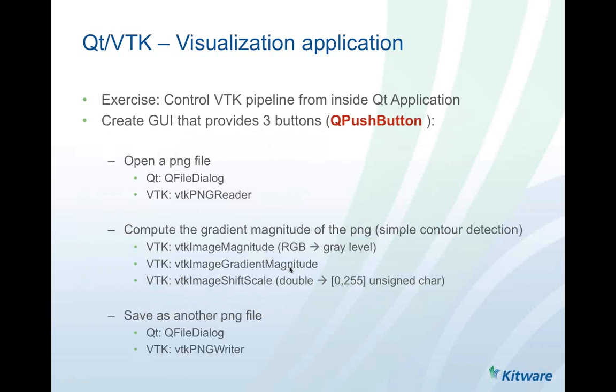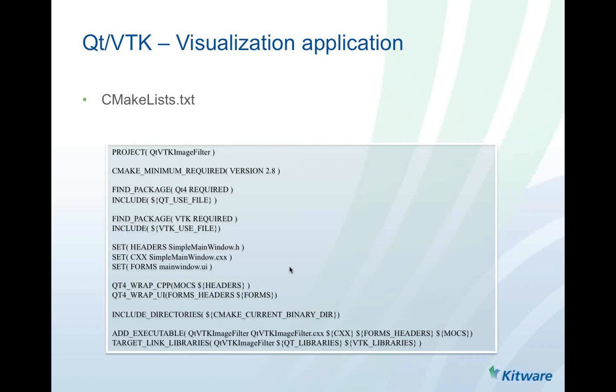So let's start up the next exercise, in which we control a VTK pipeline from within a Qt application. We'll use Designer and create an application which has 3 buttons. And then in response to the signals that these 3 buttons fire, we'll call some code in VTK space. So again, here's our CMake list file in which we find and use Qt and find and use VTK.